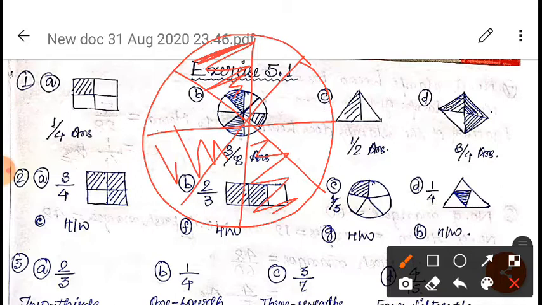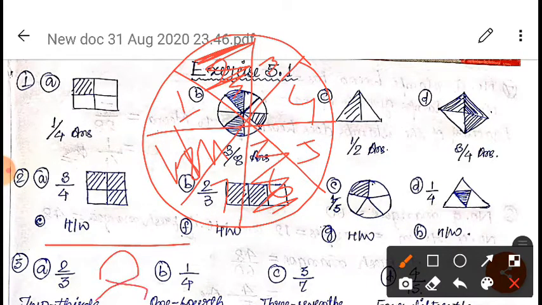First of all, we will see the boxes. How many boxes are there? 1, 2, 3, 4, 5, 6, 7, 8. Total 8 parts are there, right? So in the denominator we will write 8. And how many parts are shaded? 1, 2, 3 parts are shaded, so we will write here 3 by 8. I hope you are understanding this.